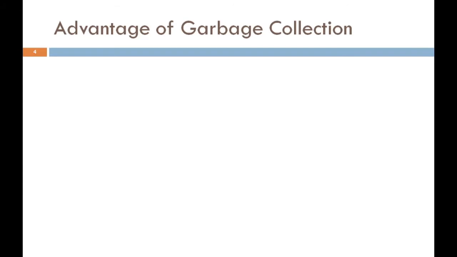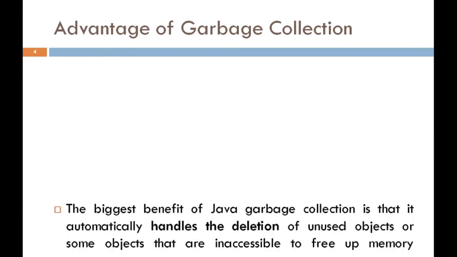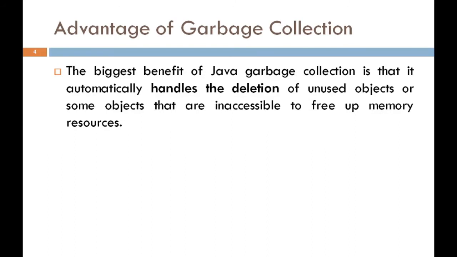Now, we discuss the advantages of garbage collection. The biggest benefit, or the main advantage, of garbage collection is that it automatically handles the deletion of unused objects, unreferenced objects, or other objects that are inaccessible, to free up memory resources.